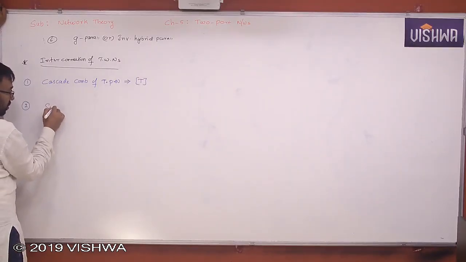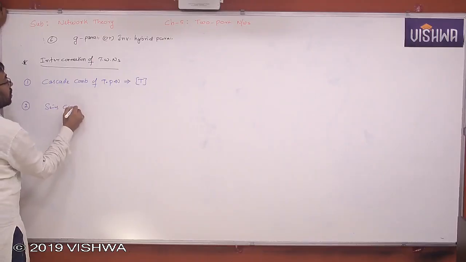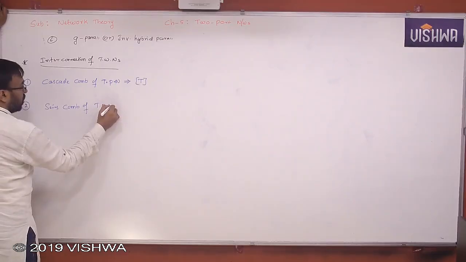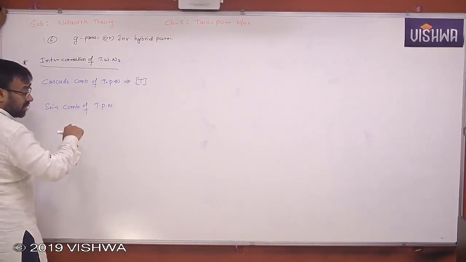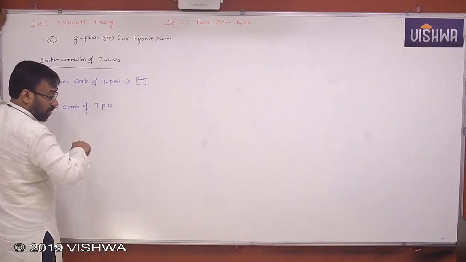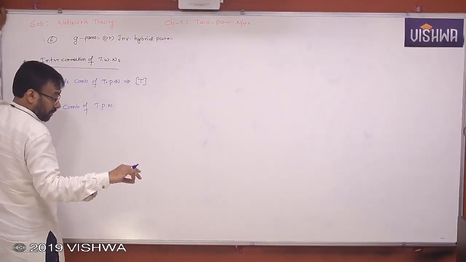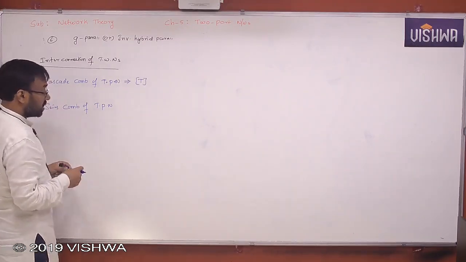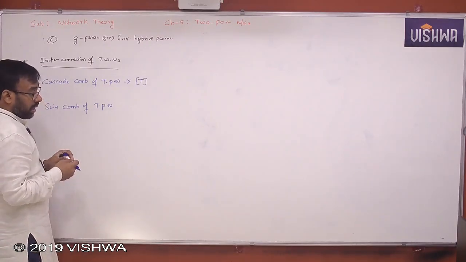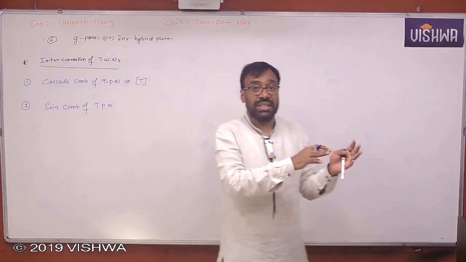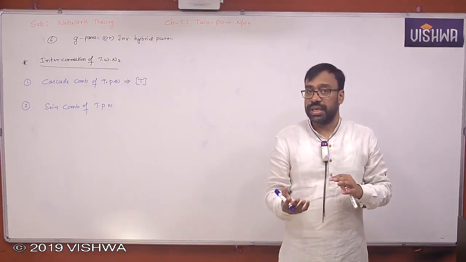Second one is series combination. What do you mean by series combination? Two elements are said to be in series if the current flowing through the two elements is same. And if you give some voltage, the voltage will be divided. Yes or no, all of you? Two-port networks are said to be in series if both the two-port networks have the same current, both input port side as well as output port side.